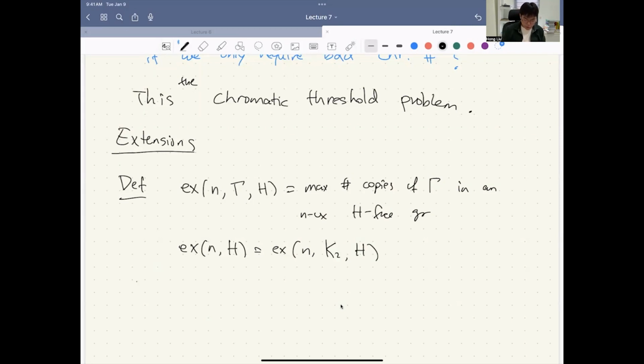In particular, Erdős and Zykov. Here I write Zykov, but I'm not sure, please check. Erdős and Zykov solved the clique case.